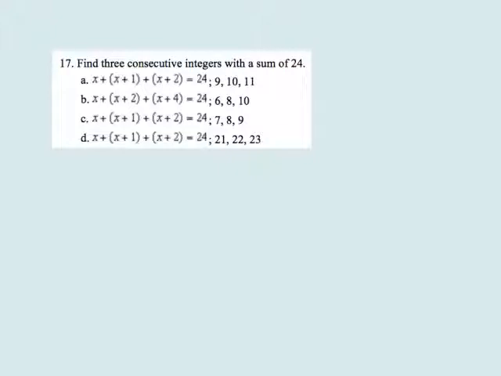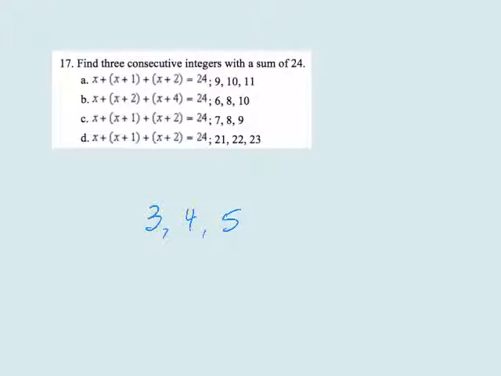These next two problems were a lot harder in class than they're going to be on a test with multiple choice. So we're lucky here. Consecutive numbers are numbers like 3, 4, and 5.